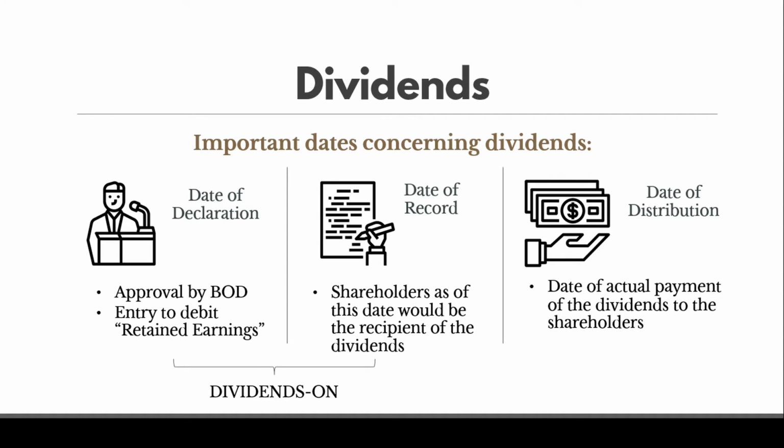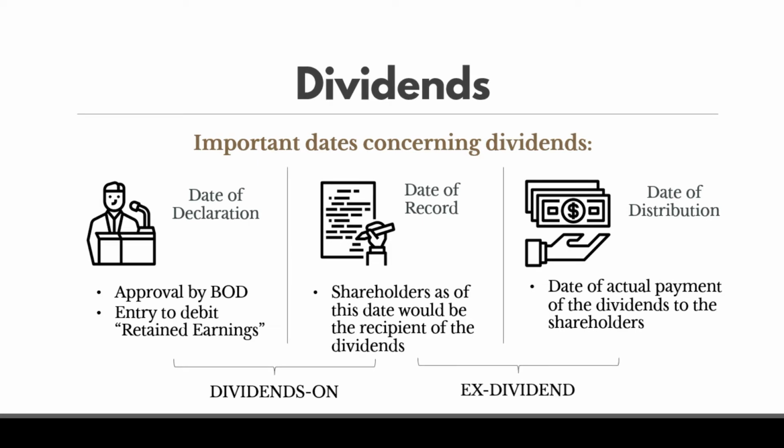Kasi 'di ba, kung sino man yung maka-receive or maging holder ng shares from the date of declaration to the date of record, siya yung makaka-receive ng dividends. Kaya it is only right na yung price ng share would include yung price ng dividend. On the other hand, from the date of record to the date of distribution, the shares would sell ex-dividend or without the amount of dividend declared.